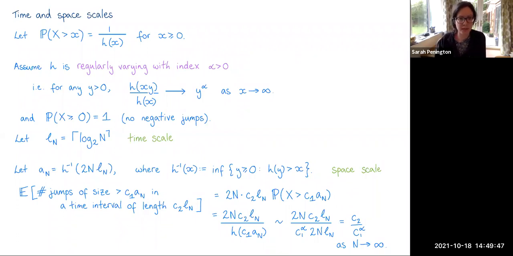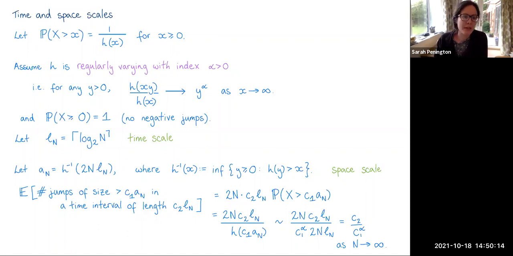What I mean by that is that for any positive y, if you take h of x times y and divide by h of x, and you let x go to infinity, then this converges to y to the power of alpha. In particular, you could think of the special case where h of x is equal to x to the power of alpha for x greater than or equal to 1.